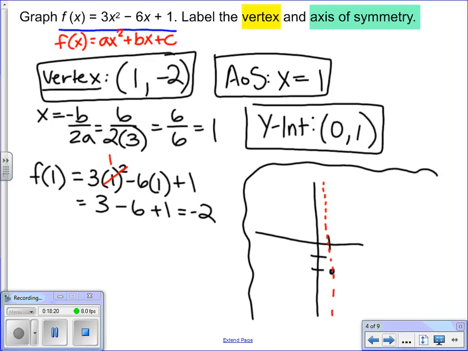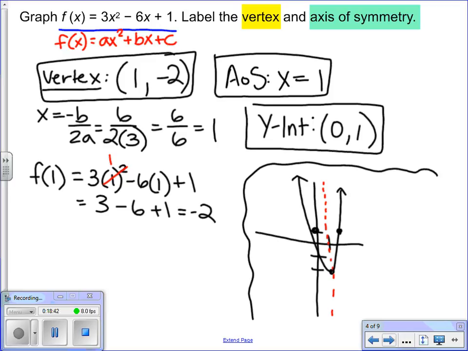And then what's really nice about this is I have this extra point, 0, 1. So I can plot out my y-intercept at positive 1. And then using the symmetry of the parabola, I can reflect that over the line of symmetry, and I get a nice parabola shape.